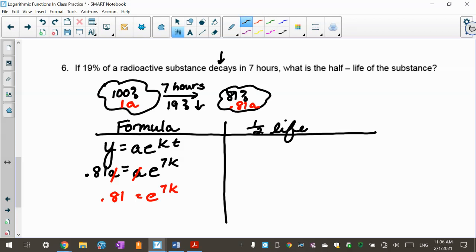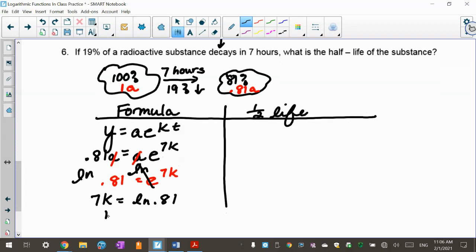And I'm going to natural log both sides to solve for k. So I have 7k equals the natural log of 0.81. So k equals the natural log of 0.81 over 7. And when I do that, I get this. I'm doing this on my calculator right now: the natural log of 0.81 divided by 7.